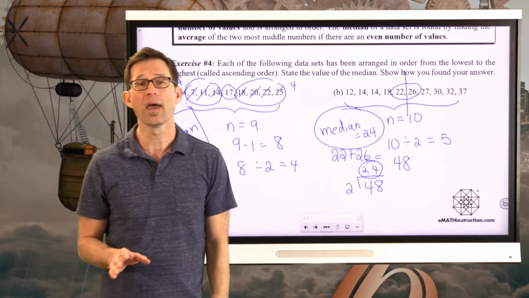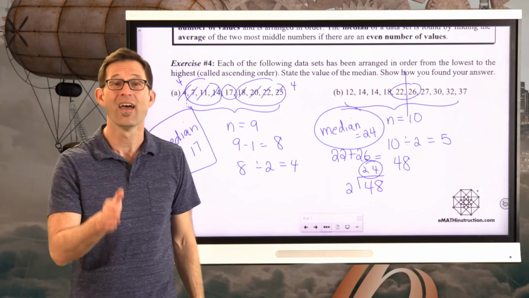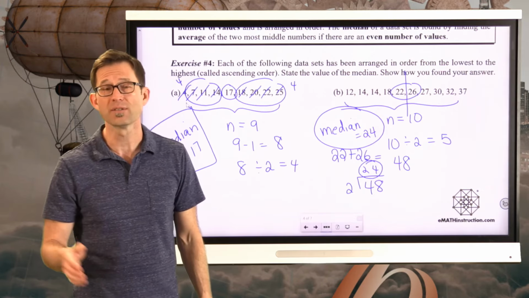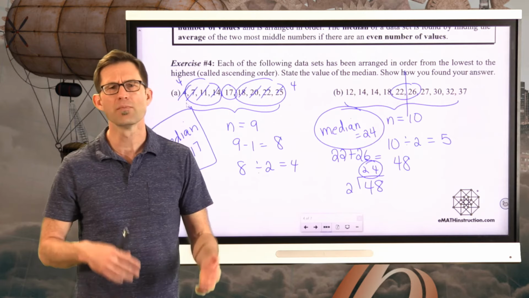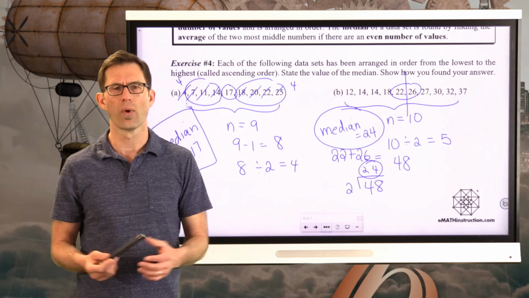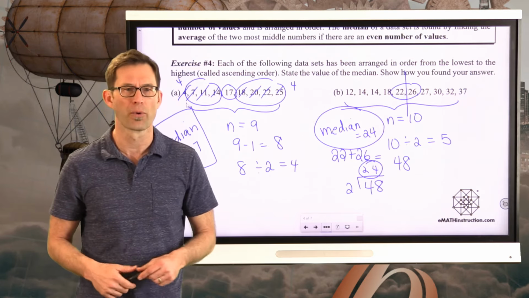Now the median is a fantastic measure of the center because it literally lies at the center of a data set. You will sometimes hear people ask, how much money does a typical US household make per year? Great statistical question. How much money does a US household, a family, let's say of 4 people, bring in each year?